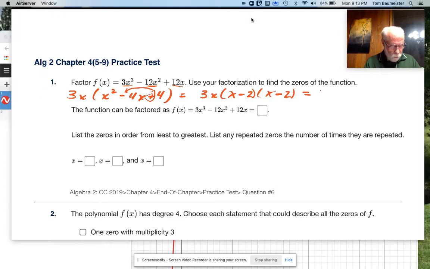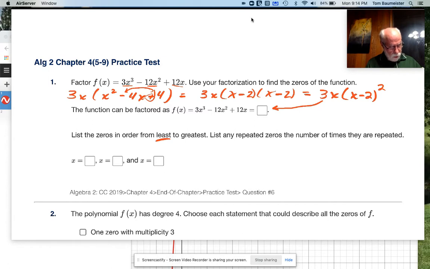But remember, you want to write that as 3x times x minus 2 squared. So it has a multiplicity of 2. And that is the one that will go into this box here. Now it says list the zeros in order from least to greatest.